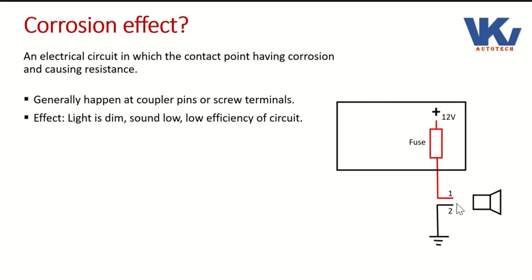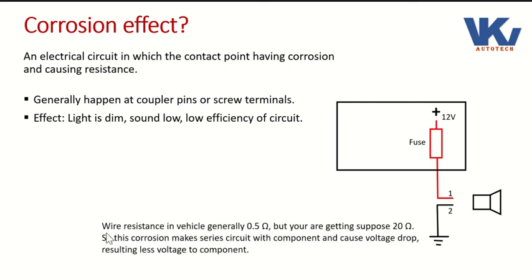And when two components come in series, the voltage gets divided. So the 12 volts will divide across these two components. Some voltage will go to this and some voltage will go to the component, horn or light. Suppose it's getting 6 volts and this is also getting 6 volts, so the efficiency, sound or light of this component gets dim.